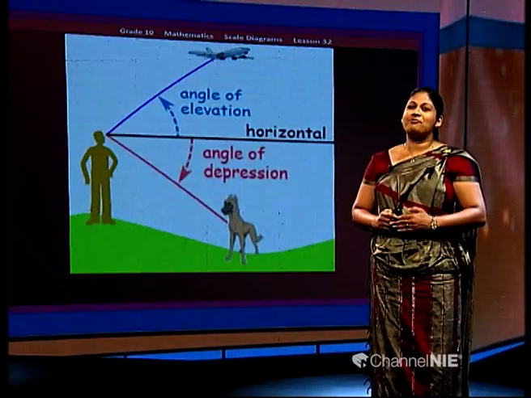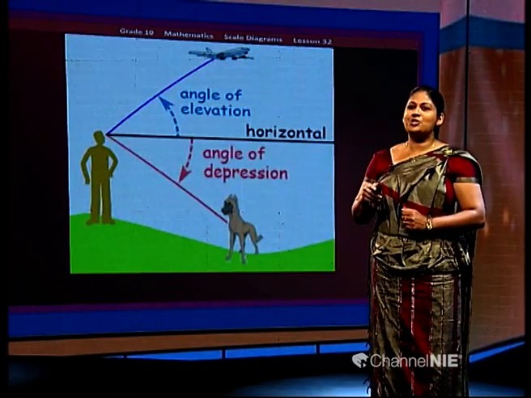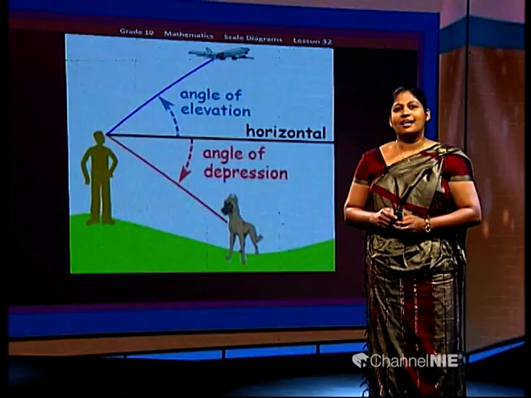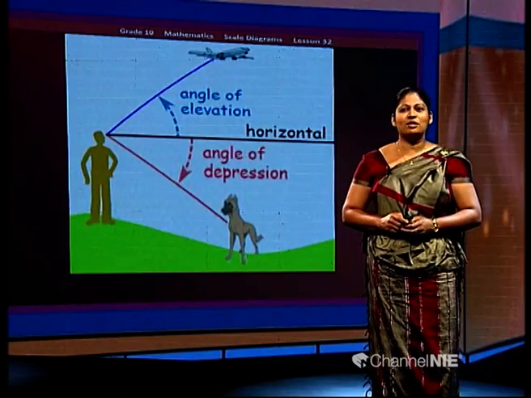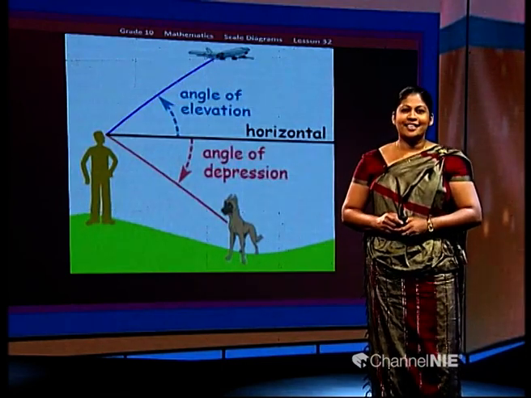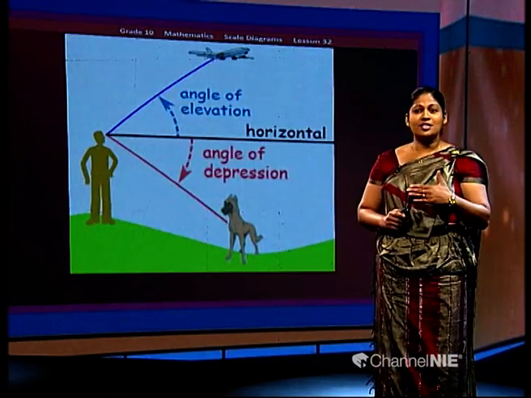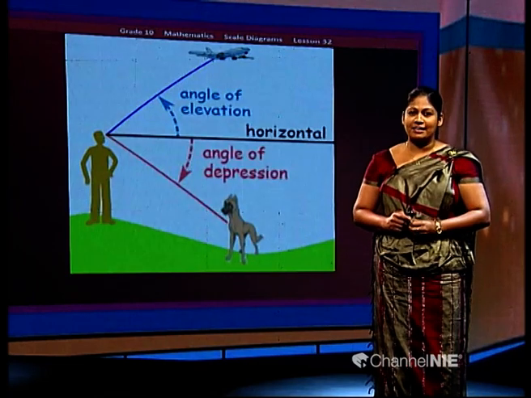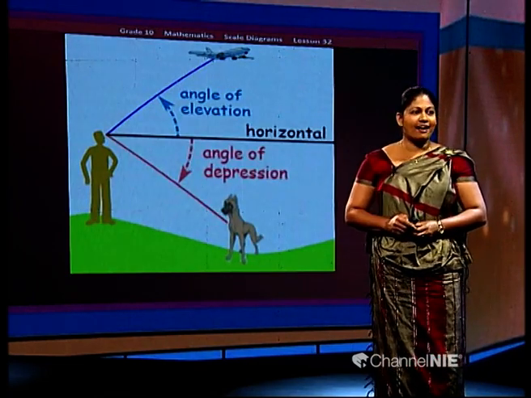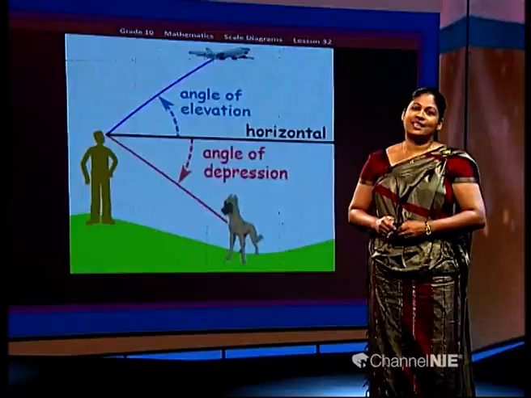Now see, in the same way, when he wants to observe the dog on the land, he has to look downwards. There, the angle formed in the horizontal line and the line of vision, we say the angle of depression. What is that? The angle of depression.